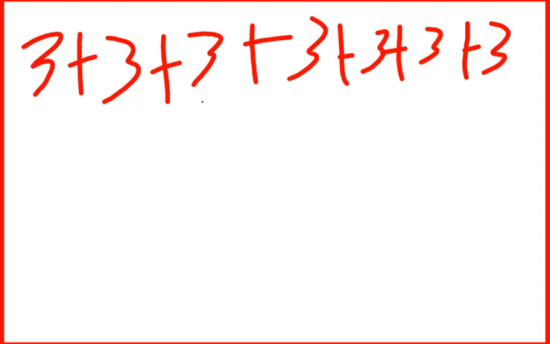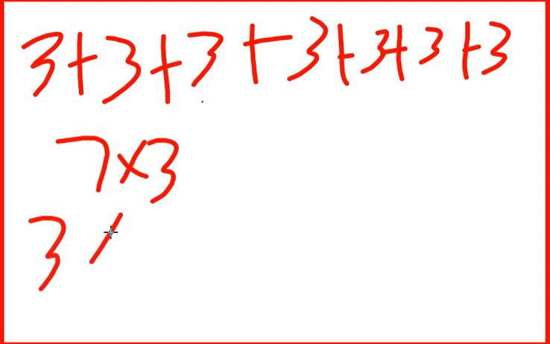So instead of writing 3 plus 3 plus 3 so many times, we can count the number of threes we have: 1 2 3 4 5 6 7. So that's 7 times 3. That's how you can write it: you just count the number of threes and write that number times 3. So the number you're adding so many times.